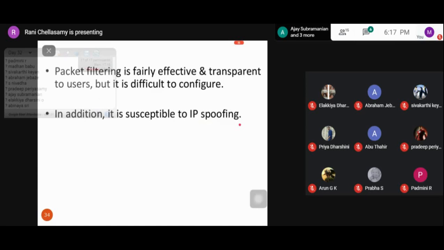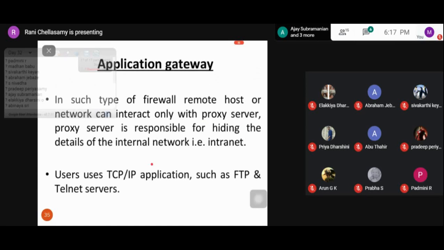The next one is the application gateway. So what is meant by application gateway? A gateway is a connecting device used at the application layer. Okay, in this type of firewall, the remote host or the remote network can interact with the proxy server.